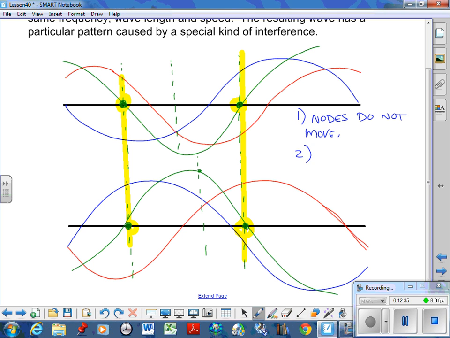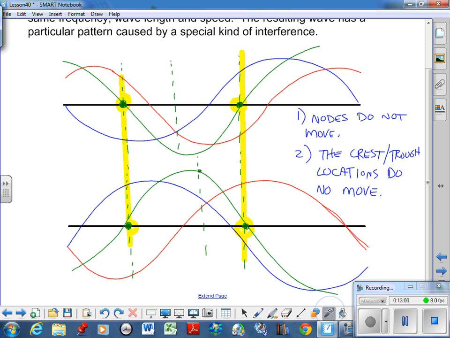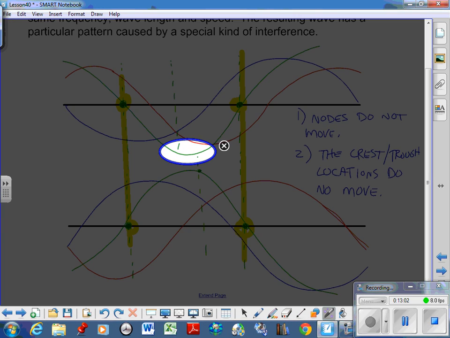All right. Second point, the crest and trough, or the crest slash trough locations do not move. So this green wave that I've created here, okay, it will stay stationary. It just fluctuates up and down. So you can see up here, it started out as, I had it drawn as a trough.